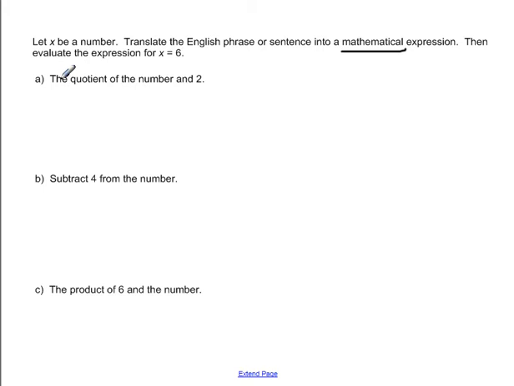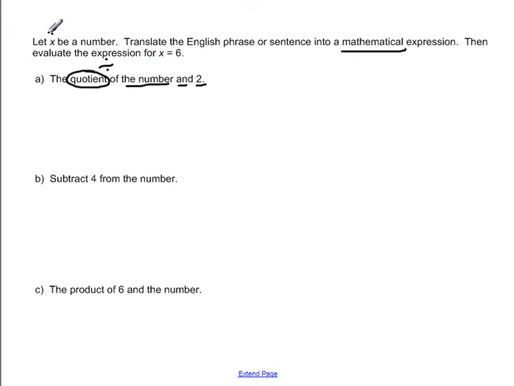The first problem, they're asking us to translate the quotient of the number and 2. So the quotient is a word that will always mean that I'm dealing with a division problem. So when I'm finding the quotient, I can just go ahead and put the information in the order that it was given to me.